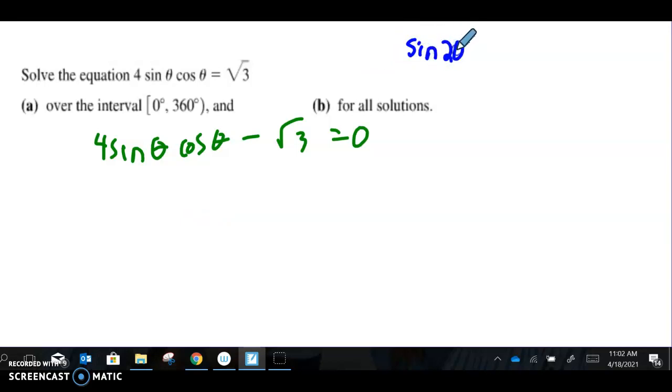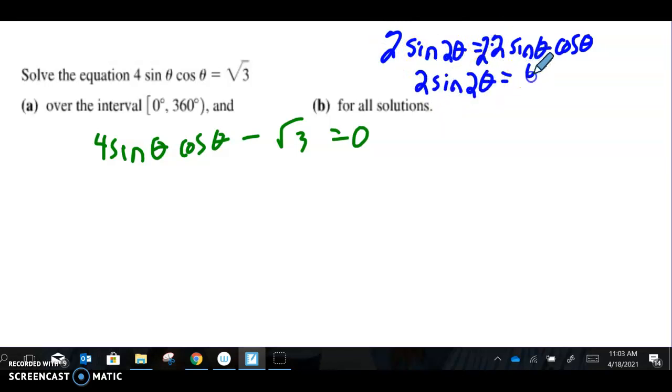the sine of twice an angle is 2 sine cosine, right? So I can multiply both sides by 2, and then 2 sine of twice an angle is 4 sine cosine, right?